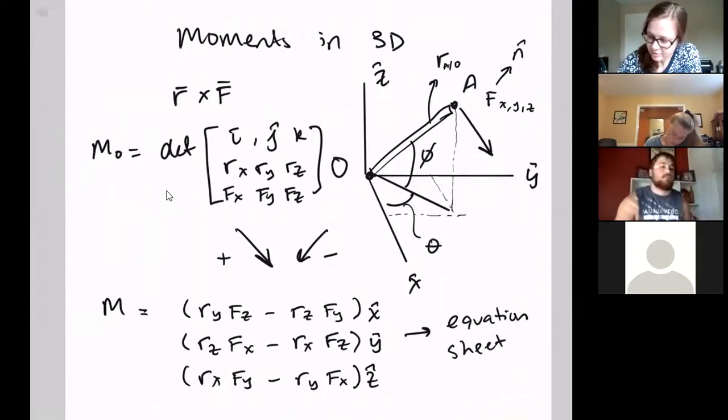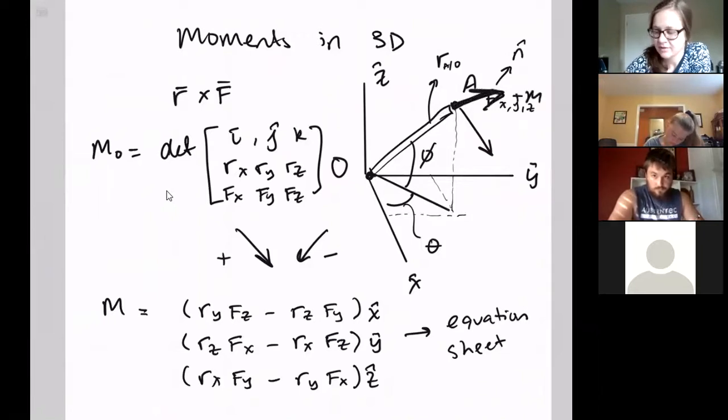And when we take this moment, let's see, it's going to be negative because right-hand rule. So we can either write a negative moment this way, or we can have going into the back of the page having a positive moment.